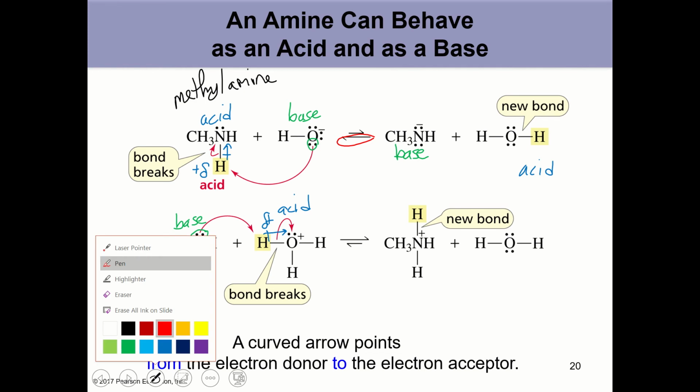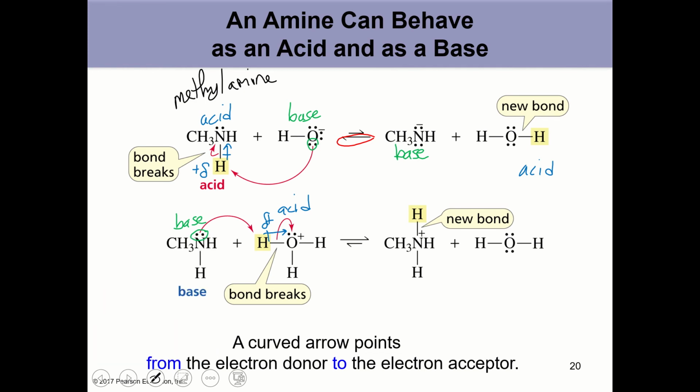And the pKa of the acid in the reactant is approximately 35 to 40. And the pKa of water is approximately 16.